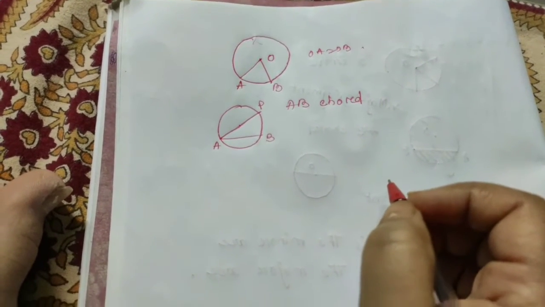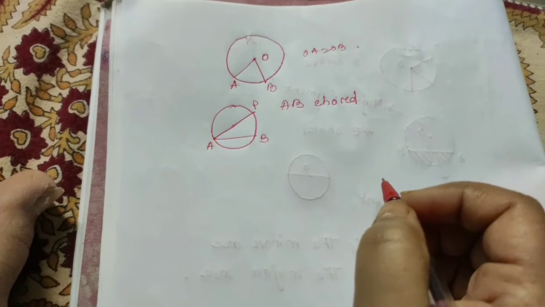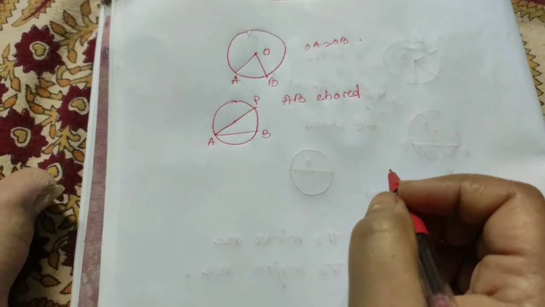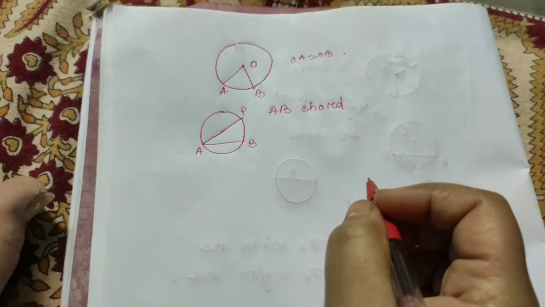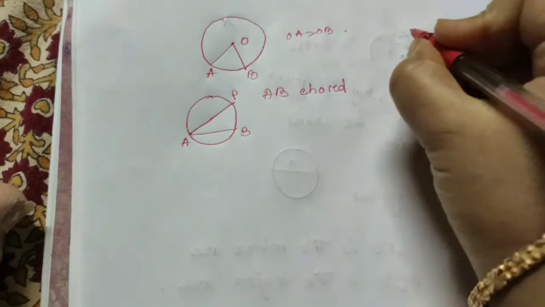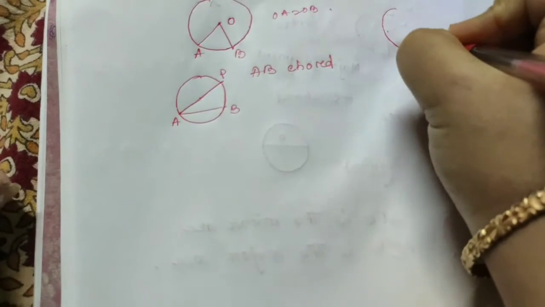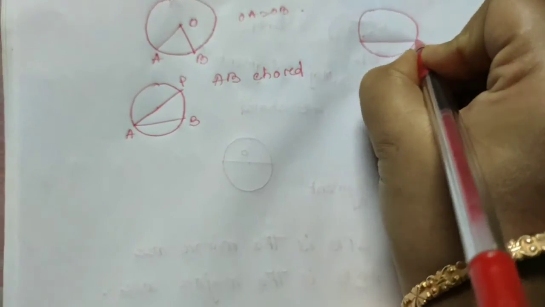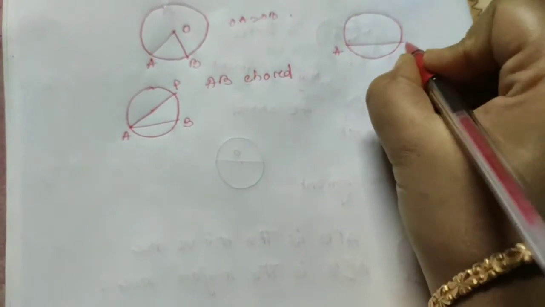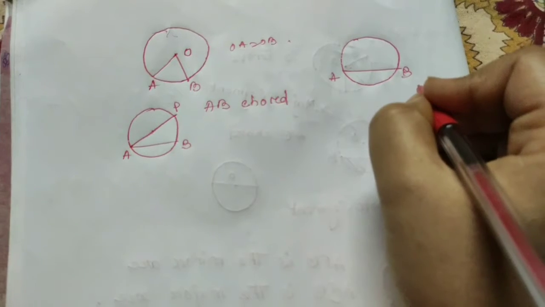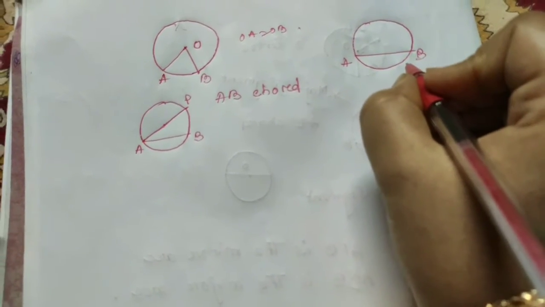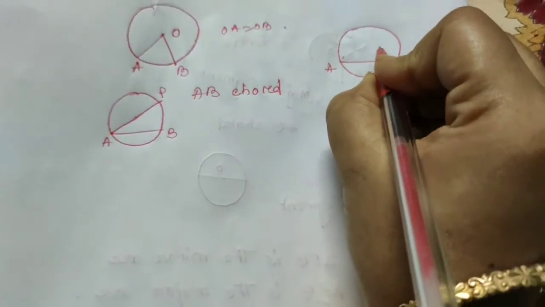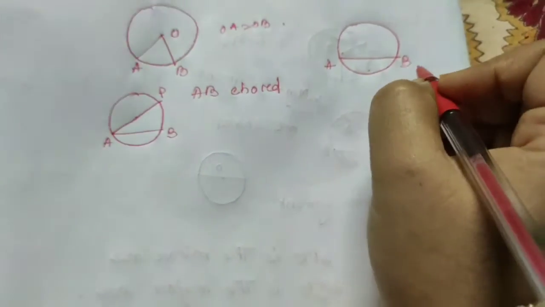Diameter divides the circle into two equal parts, but a chord divides the circle into two parts which are not equal. For this circle, the line segment AB divides the circle into two parts. One part is bigger and another part is smaller.